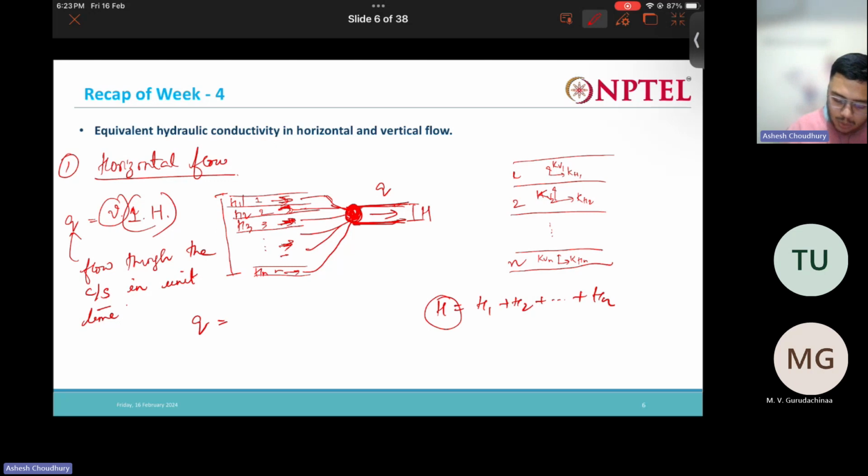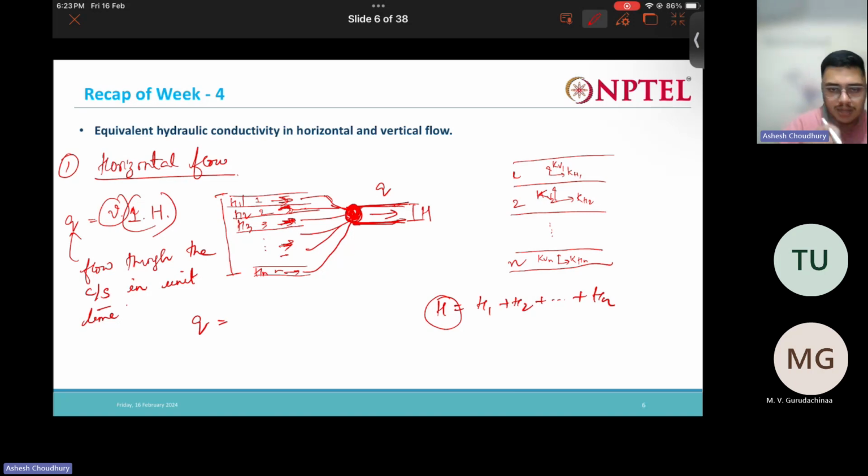So q equals v into 1 into h. The 1 means we are considering unit cross-sectional area in the other direction, that is, the out-of-plane direction, where we consider unit length. This height h times the unit length gives you the area, right?